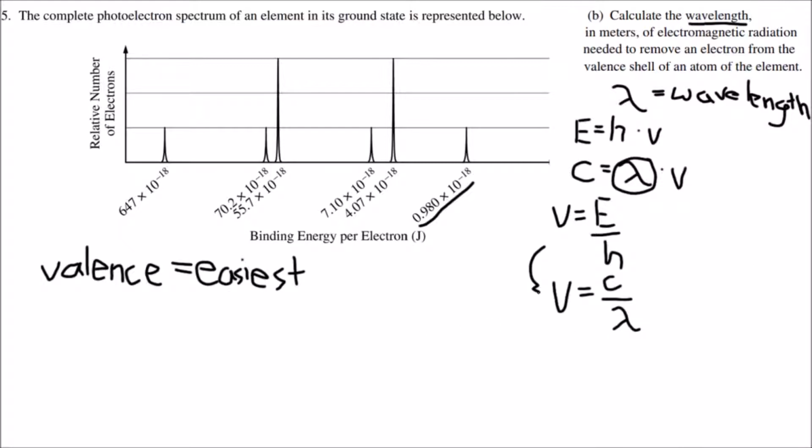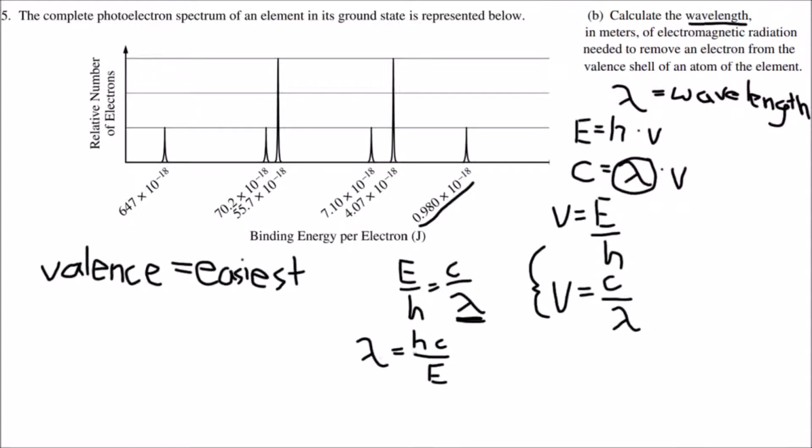Since both equations are now equal to the same thing, we can write them equal to each other. E over h equals c over lambda. And since we are trying to find wavelength, we can set the equation in terms of lambda equals Planck's constant times the speed of light over energy.